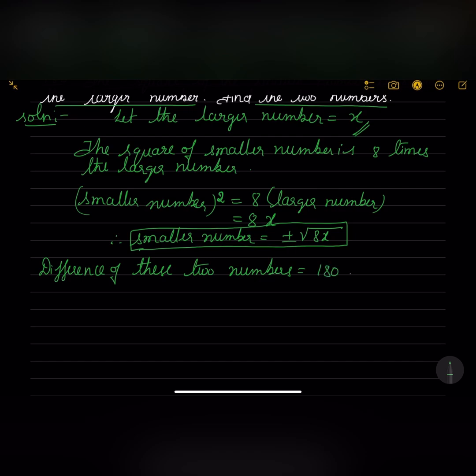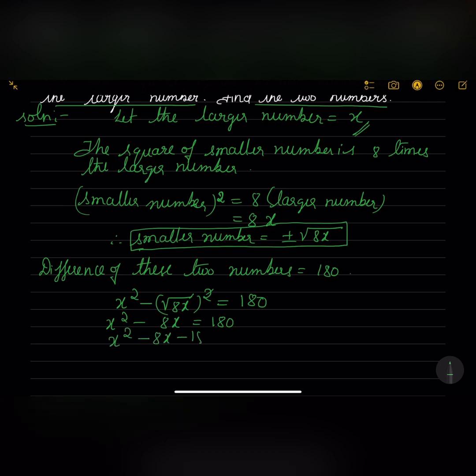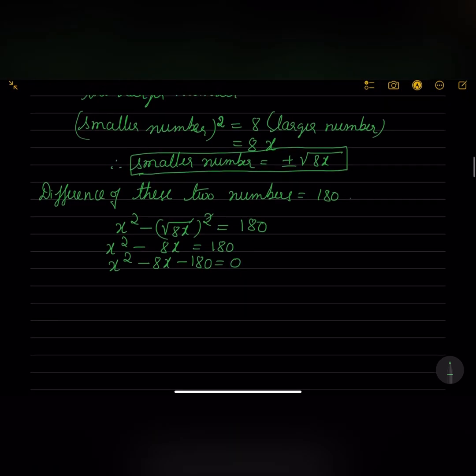So that is x square, larger number, minus root of 8x whole square is equal to 180. And we'll simplify this. Root and square will cancel, so we'll get 8x. So we got the quadratic equation, that is x square minus 8x minus 180 equal to 0.